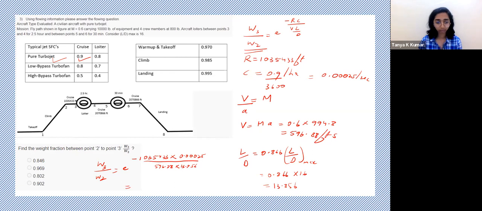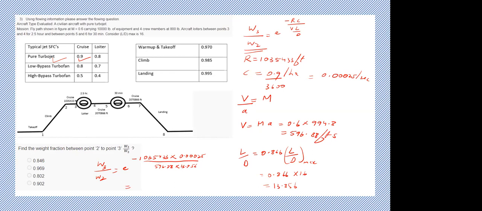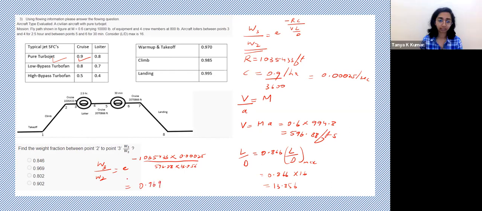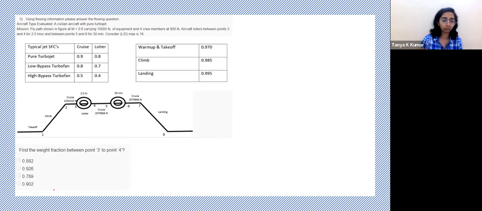Calculate and let me know. It is 0.969. So that is this. Okay, so we've got W3 by W2.